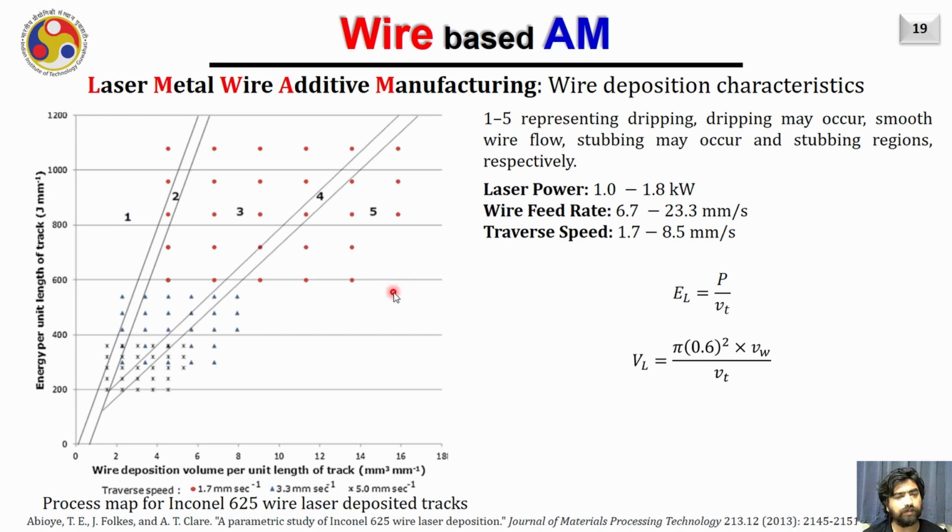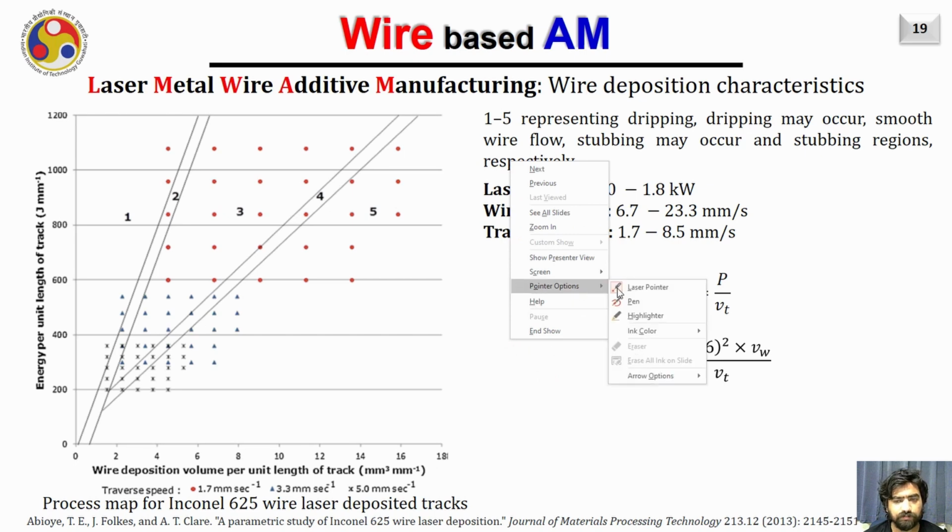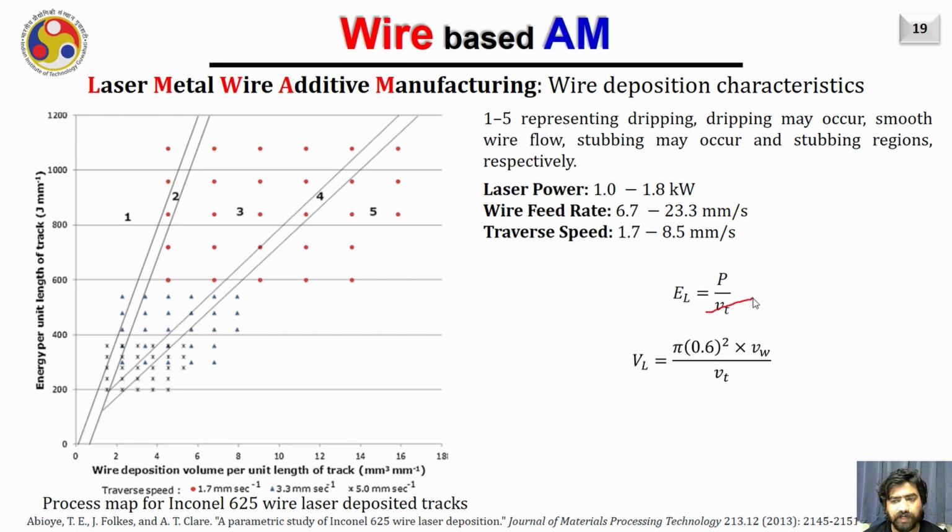It is only possible to plot this type of process map after performing a certain number of experiments. Like these red dots what you are seeing here correspond to a traverse speed of 1.7 mm per second. Now if the traverse speed is given to us, then this Vt will be nothing but 1.7, and here also Vt will be 1.7.